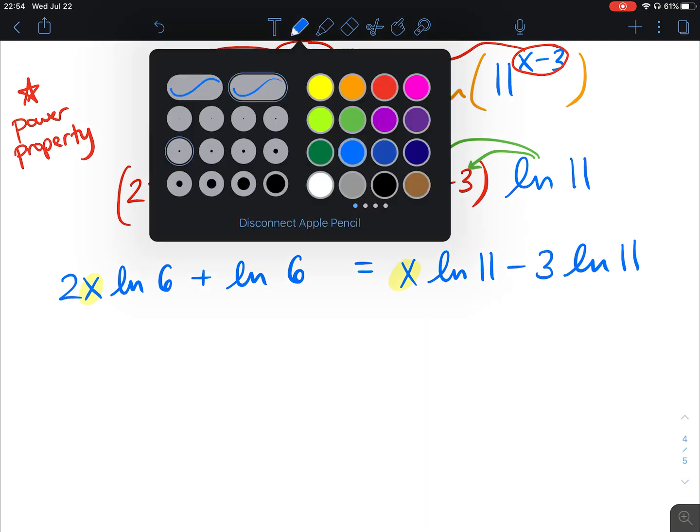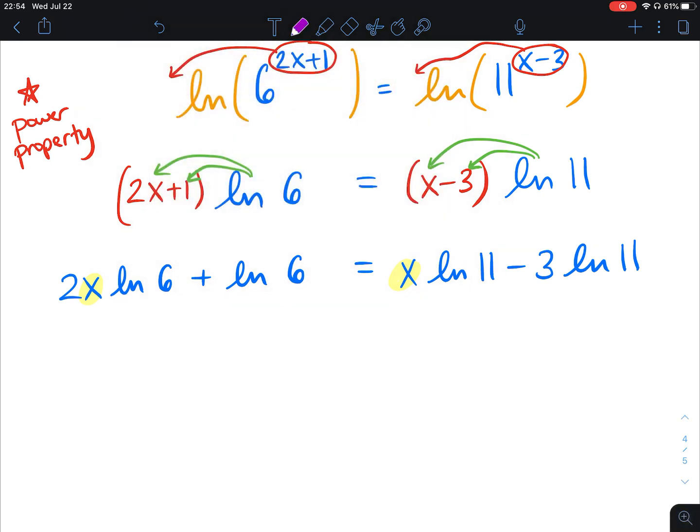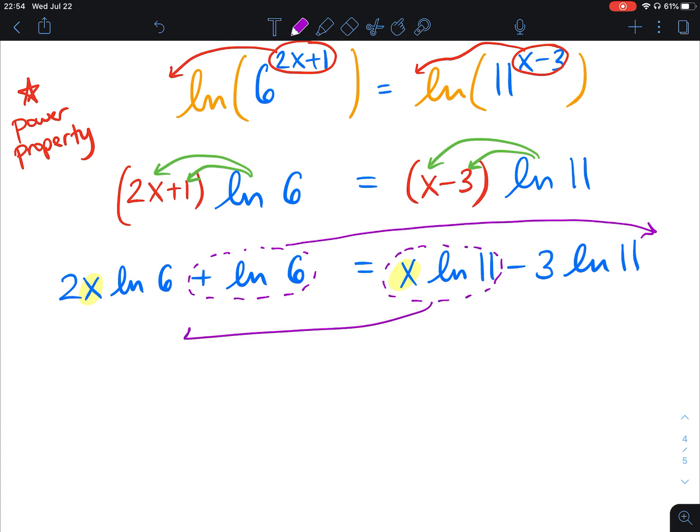So what I'll do next, and I'll draw some arrows, is I'm going to move all my x terms to the left, which means I'm going to send this ln 6 term, which doesn't have any x's, over to the right side. And I'll pull this x ln 11 term over to the left side. So this 2x ln 6 term is untouched.